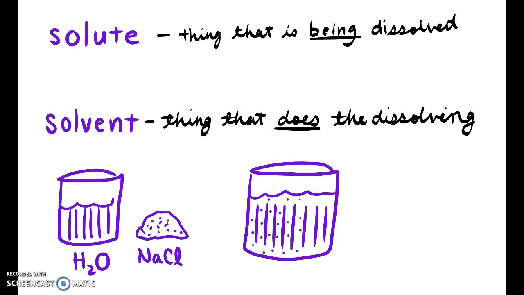Since the salt disappears, it must be the water that dissolves the salt. So this is our salt, NaCl, and the rest, the liquid, is just H2O. In this case, H2O is our solvent.